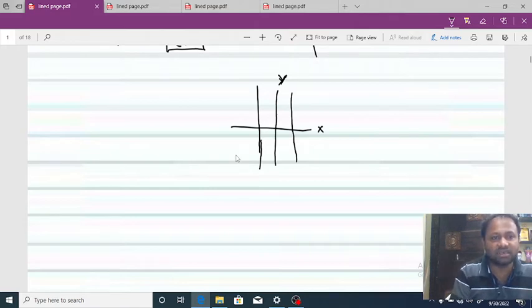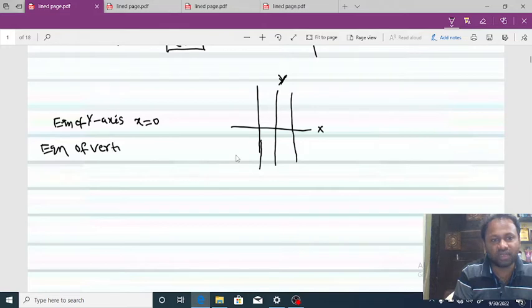Already I said the equation of the y-axis is x is equal to 0. Okay. Then what about the equation of a vertical line?